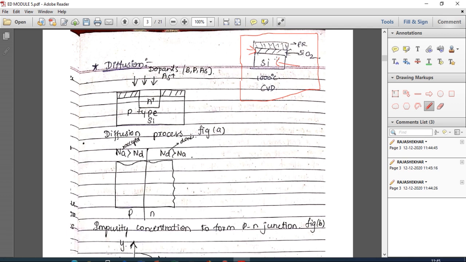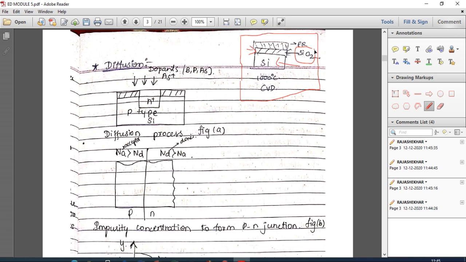When it is exposed to oxidation, it forms a silicon dioxide layer. This layer acts as an insulator. Now I want to diffuse the dopants, N-type or P-type. If the silicon is P-type, then the dopants I am going to diffuse are N-type.